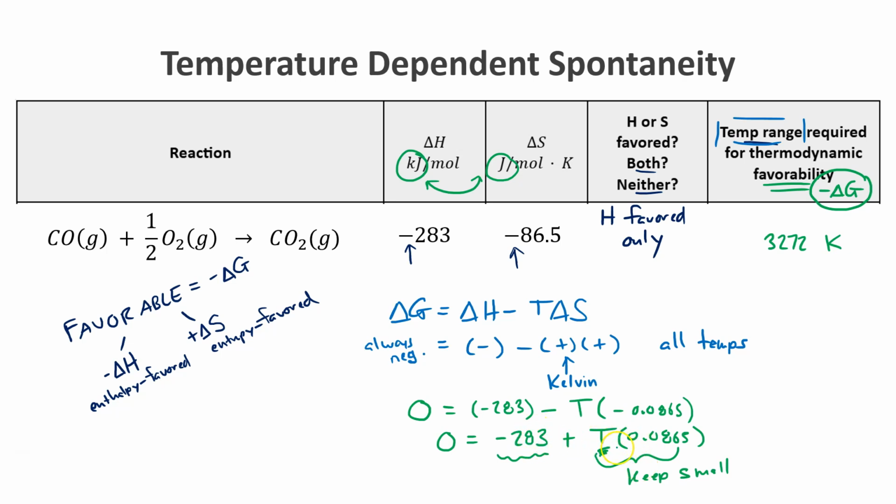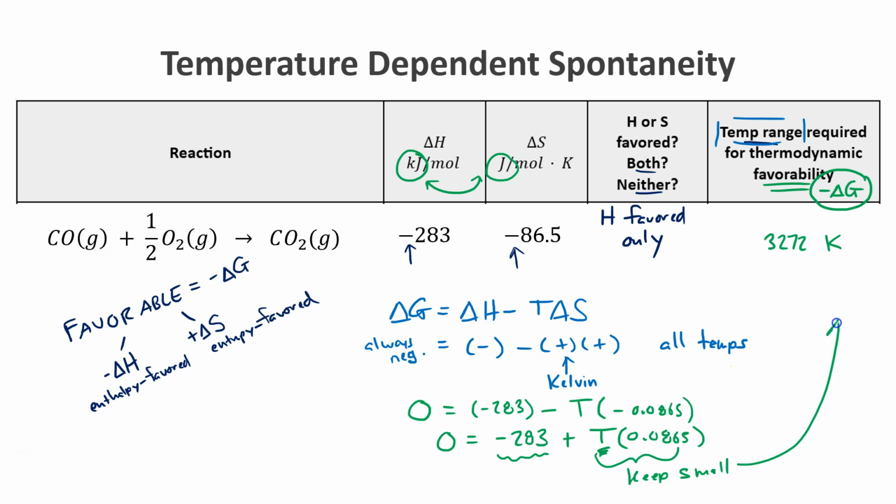Because if T delta S became larger than 283, that's going to start giving me positive answers for my delta G, and that's not favorable. But if I could keep my temperature small and keep the whole T delta S term small, at least smaller than 283, then my answer will remain negative for delta G and the reaction will remain favorable.